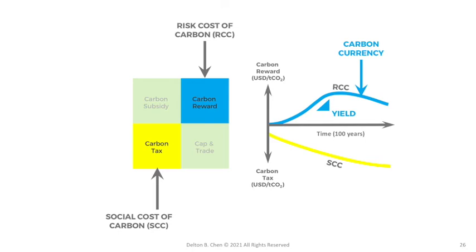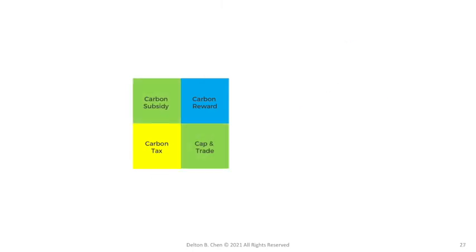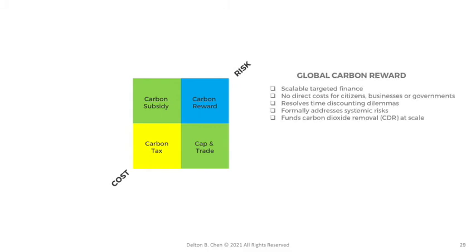By increasing the risk-free rate of return with the carbon currency, the carbon reward policy can influence investment decisions and consumption decisions everywhere. And this will tend to reduce carbon emissions through increased investment in climate mitigation actions. The carbon reward is useful for managing risks because it provides a policy that can be implemented globally, and it is supported by the world's central banks.